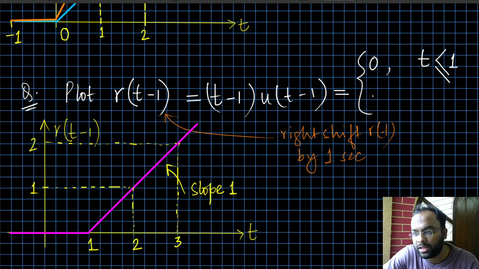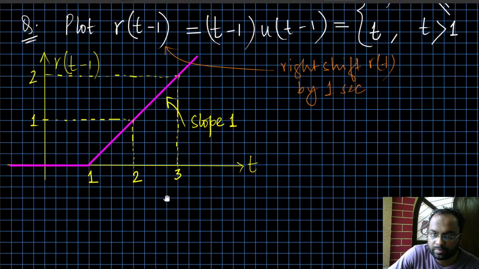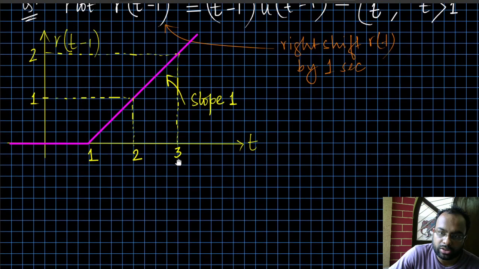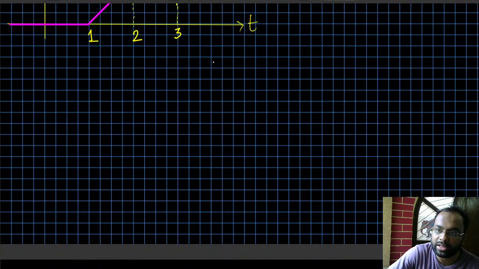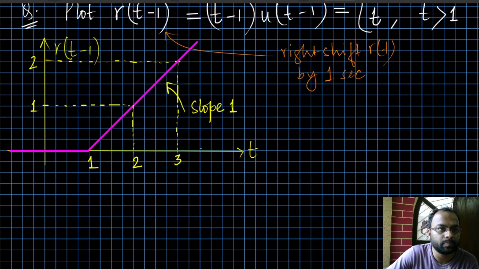And this is running with a slope of 1, so this is t when t is greater than 1. That is how we define this, right? So with that said, I have another question for you. So I think this is clear, right? To all of you?